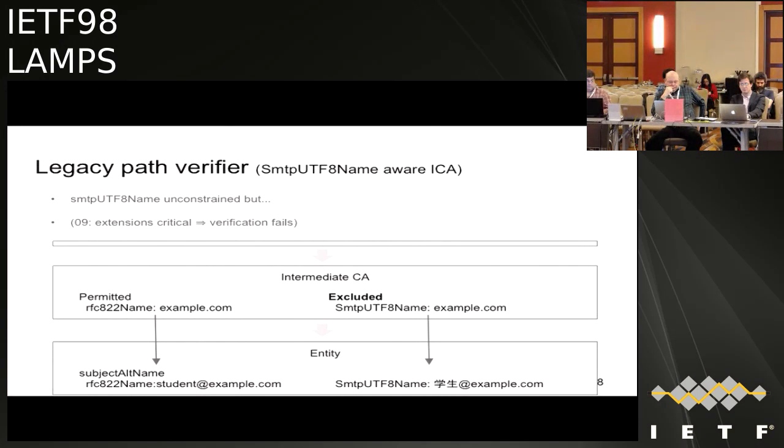So Richard, what are you suggesting if I have a CA that constrained the entire universe it knew about, RFC 822 name, saying thou shalt only have example.com, and then somebody comes along and issues a certificate that has a UTF-8 local part for some other domain? How would the verifier know to reject this under your proposal?